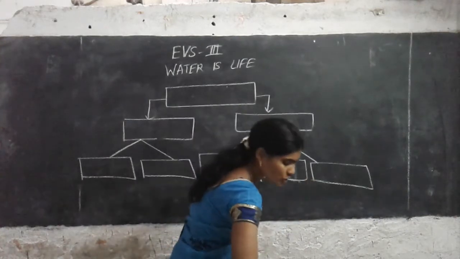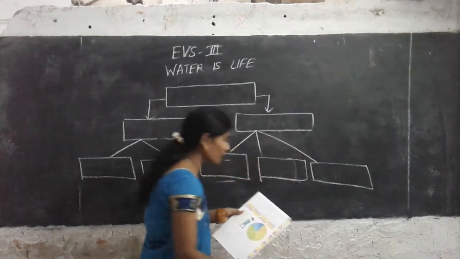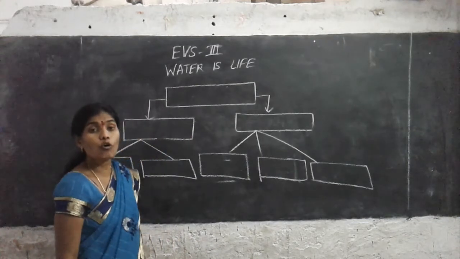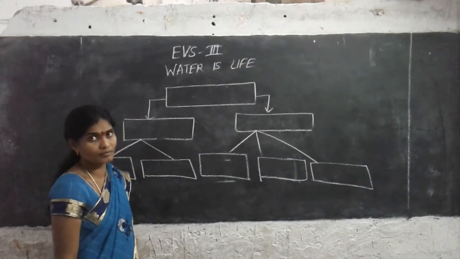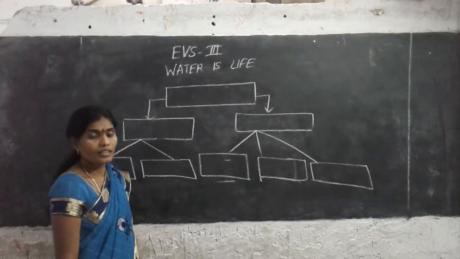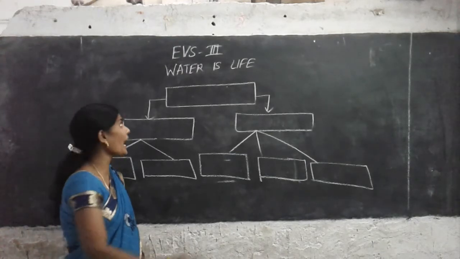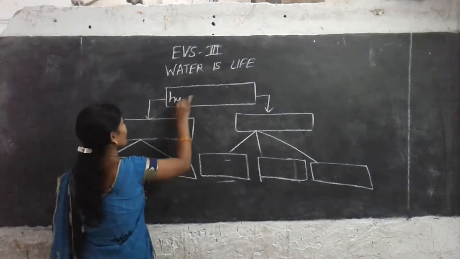First of all, hydrosphere. Hydrosphere means the water on the earth. The water on the earth is called the hydrosphere. Write down here hydrosphere.